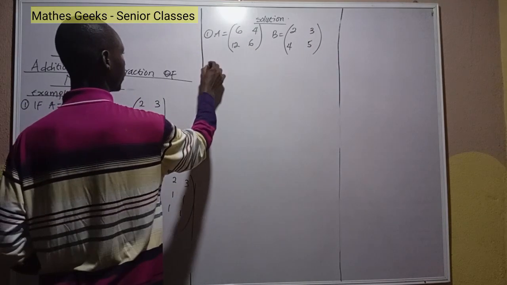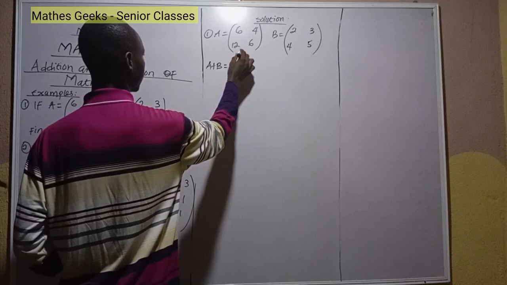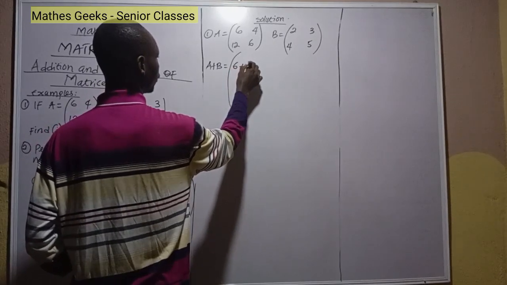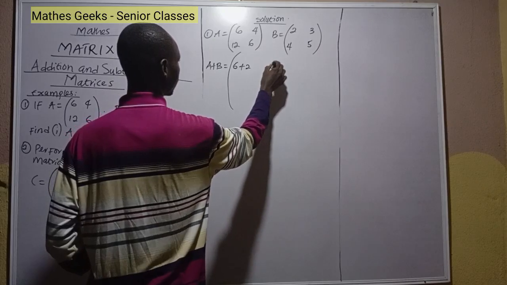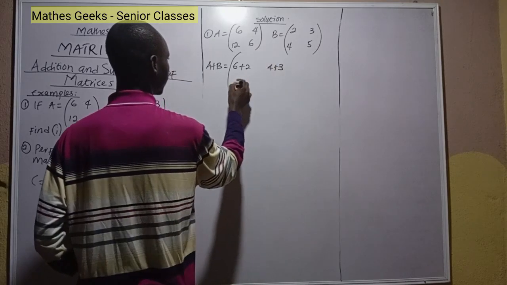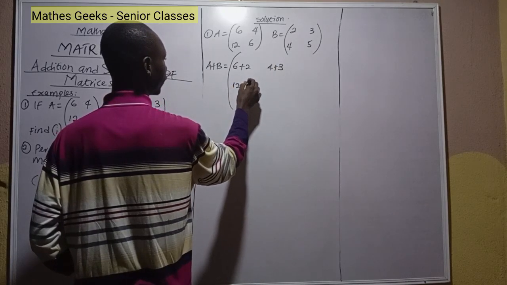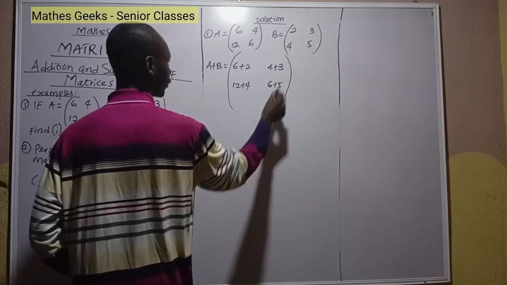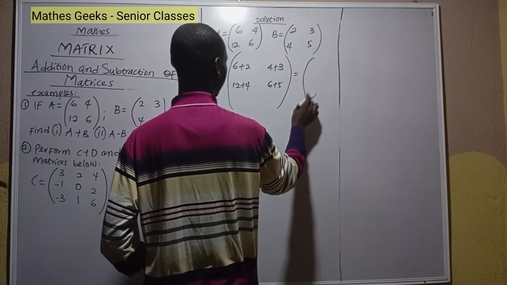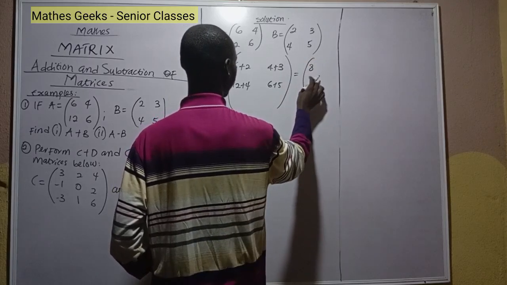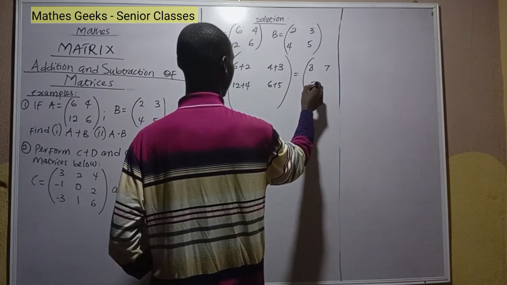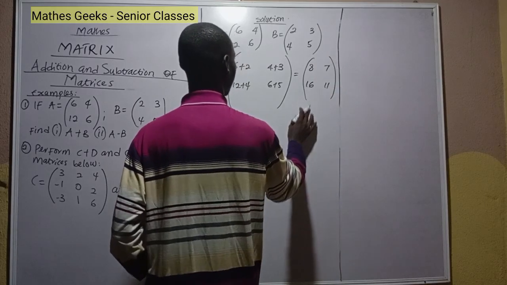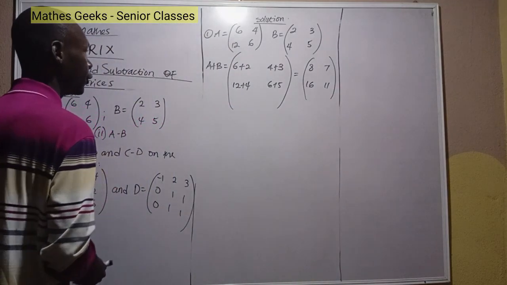A plus B gives us 6 plus 2, 4 plus 3, 12 plus 4, 6 plus 5. And this will give us the sum: 6 plus 2 is 8, 4 plus 3 is 7, 12 plus 4 is 16, 6 plus 5 is 11. So that's the sum, A plus B.